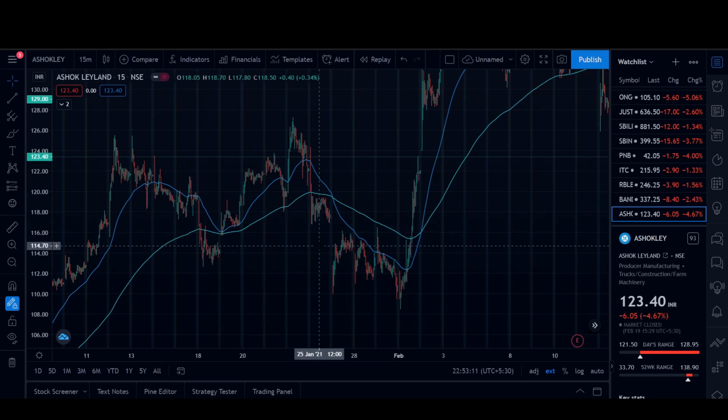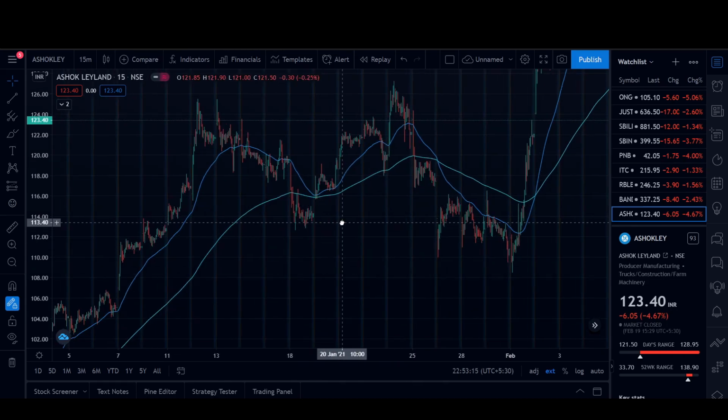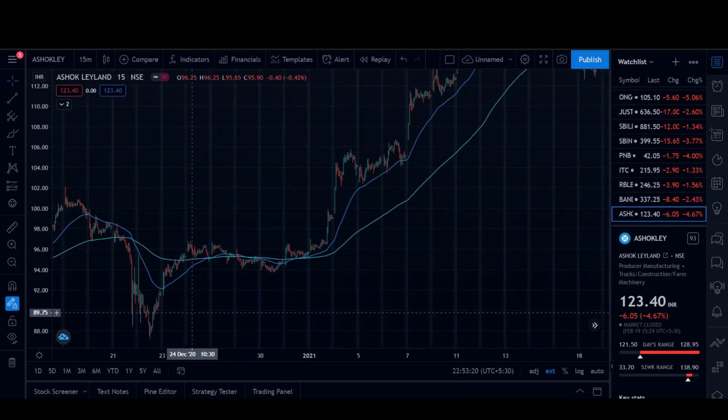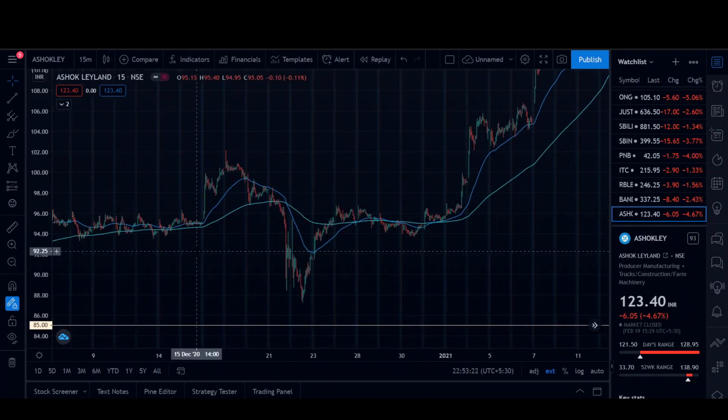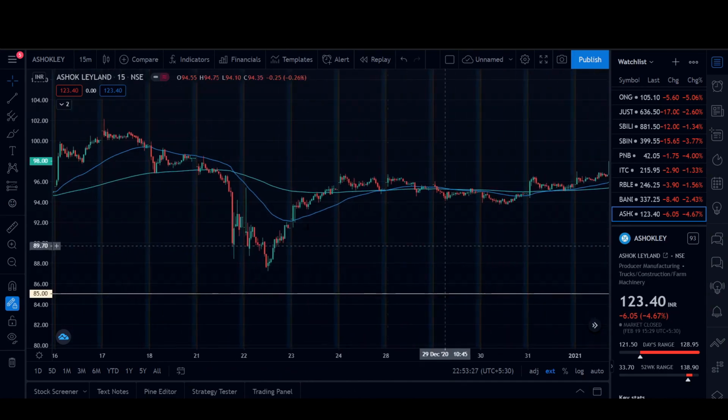Now I'll be showing you a sell signal being formed, right here. As we can see here, the 50 EMA has cut the 200 EMA from above it.